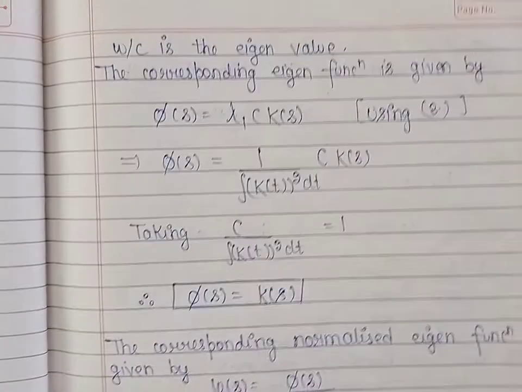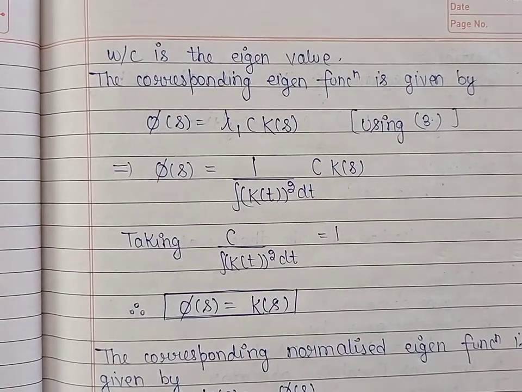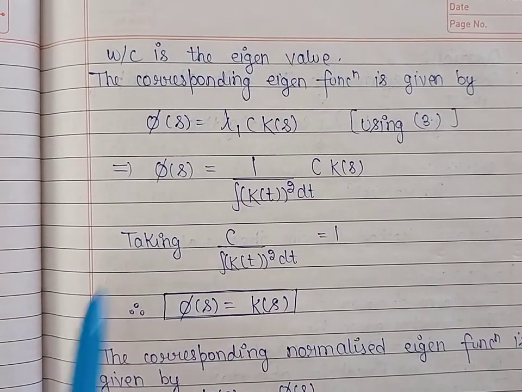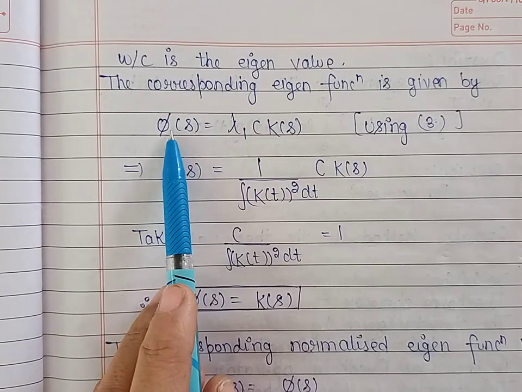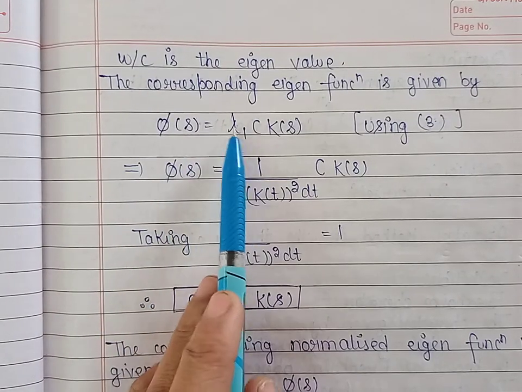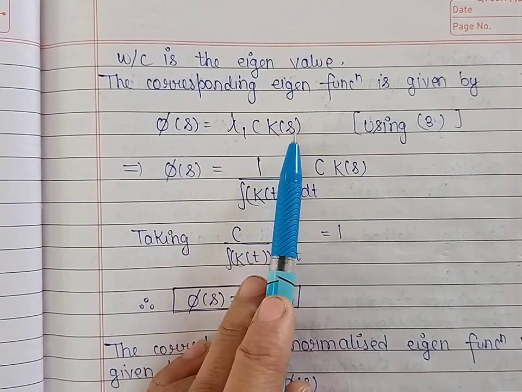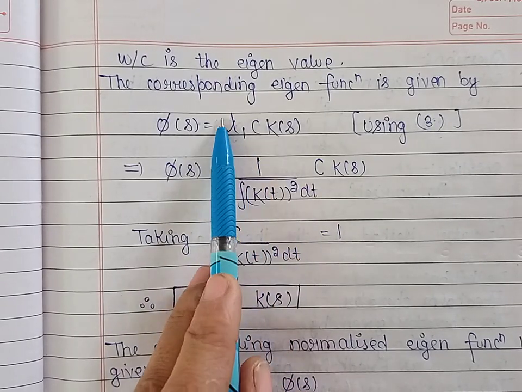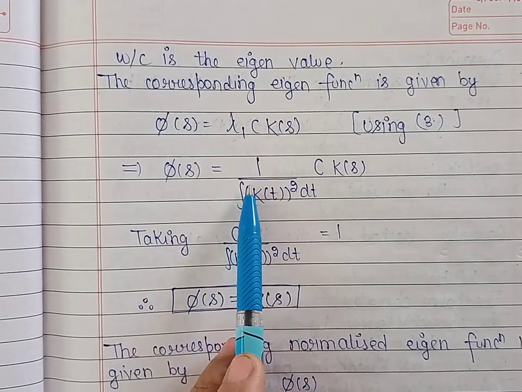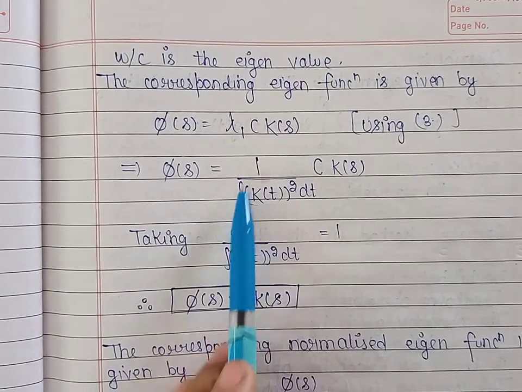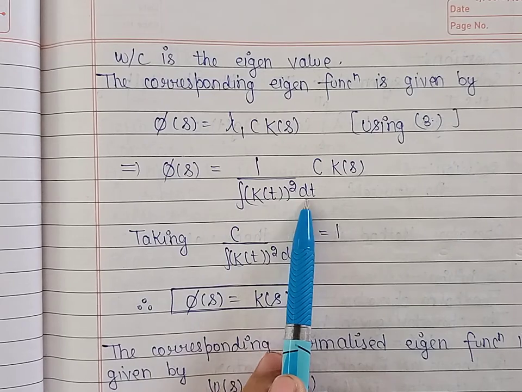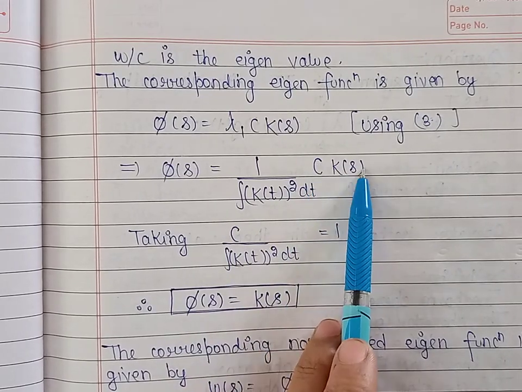Now let us find the eigenfunction corresponding to this eigenvalue from equation 3. From equation 3, we have φ(s) = λ1 c K(s). Substituting the value of λ1 here, we get φ(s) = 1 upon ∫K(t)² dt times cK(s).